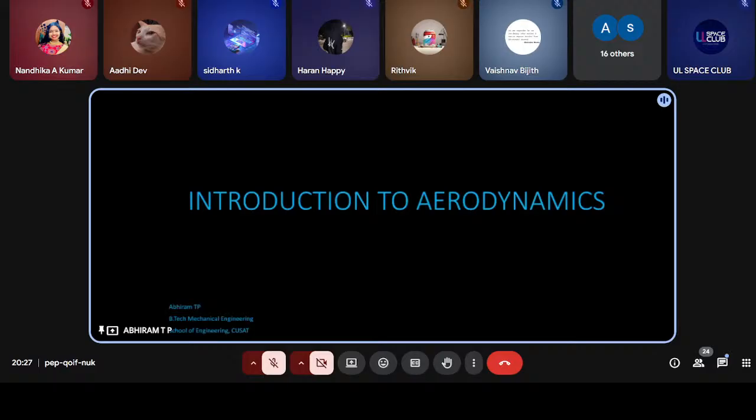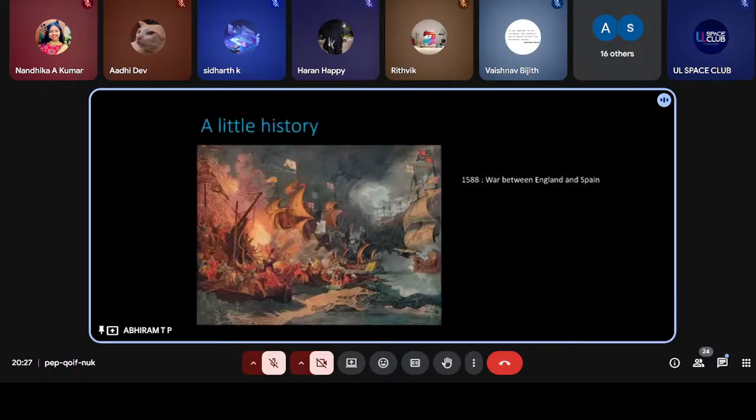So we can start our session with a little history, I think. In 1588, in between the famous Anglo-Spanish War, Spain made a very powerful naval fleet consisting of very huge warships equipped with very high and advanced weaponry.